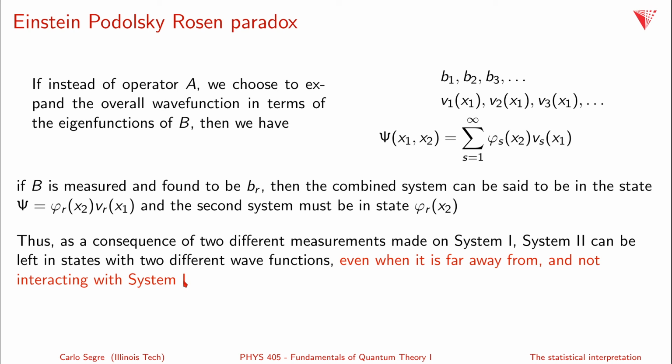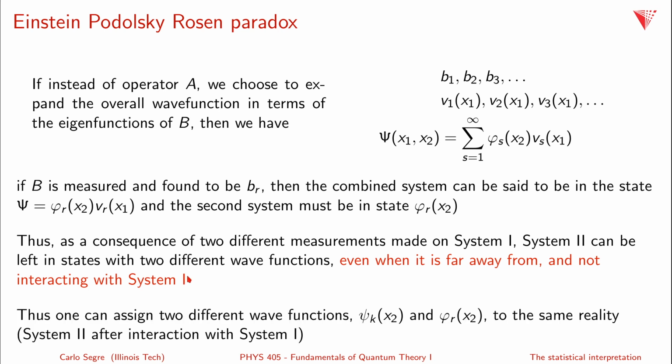So we have this connection that is still there. That's called entanglement, basically. So what we must do is assign two different wave functions, psi sub k of x2 and phi sub r of x2, to the same reality, that is system 2 after interaction with system 1.